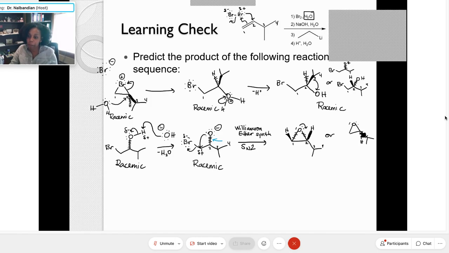So isopropyl's in the back, hydrogen's in the front on that carbon. And so here on carbon 1, we don't really have to consider carbon 1 because it's just 2 hydrogens. So one's on a wedge, one's on a dash, but it doesn't matter. But again, this is racemic. All right, we've done step 2 now to get our oxycyclopropane.